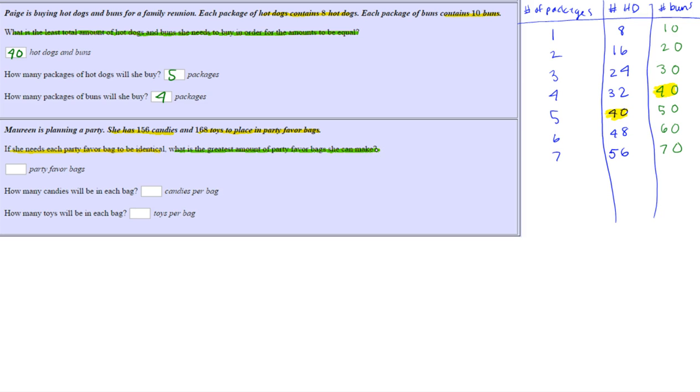Okay. So you're probably starting to see the patterns here. It's asking us for the greatest amount, so this is going to be a greatest common factor problem. But we're going to start by finding all the factor pairs for 156 and 168. So let's get a pen.